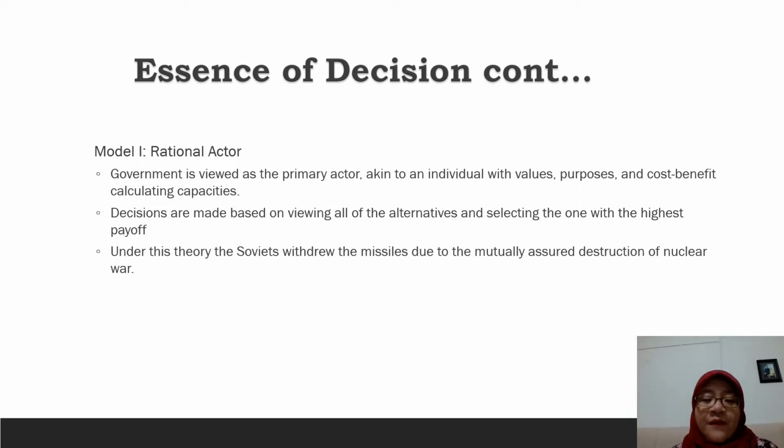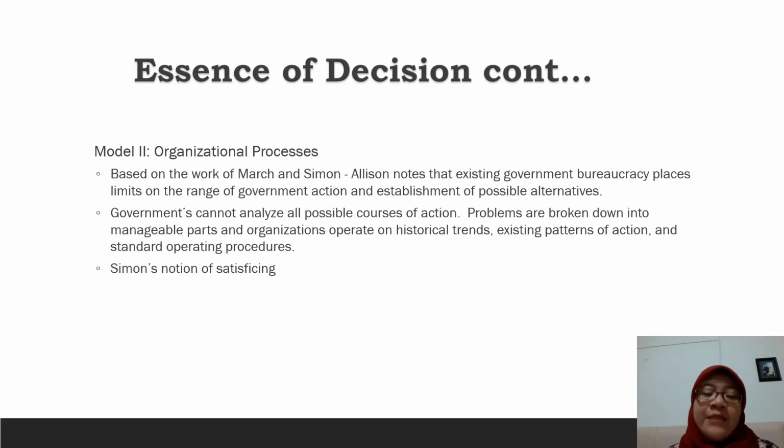Under the theory of the Soviets, the missiles, due to mutually assured destruction in nuclear war, one can't solve all of the problems. That's model one.